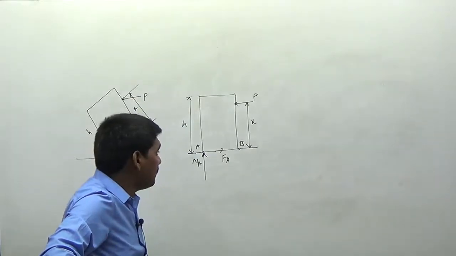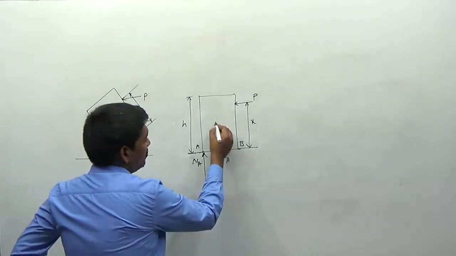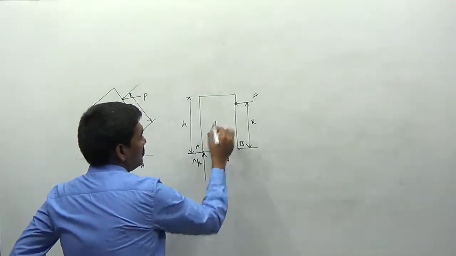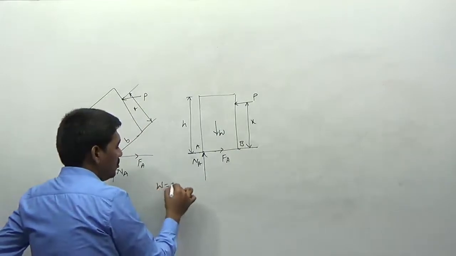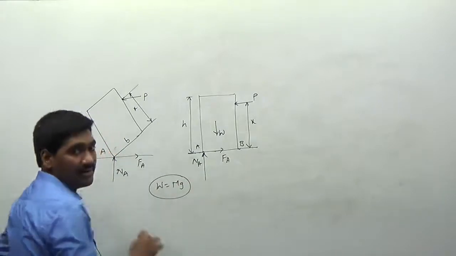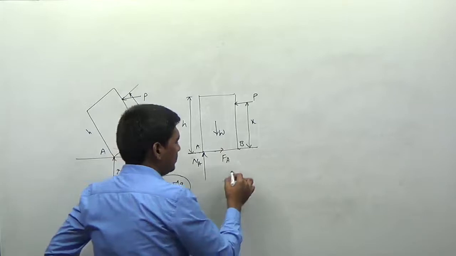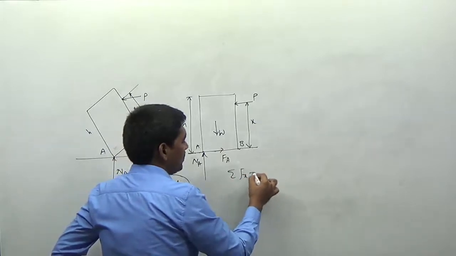If you write sigma Fx equal to 0 and sigma Fy equal to 0, one more thing is we have the weight of the block, which is equal to W. Weight of the block is always equal to m multiplied by g, so W is equal to m into g. The first equation I am writing is sigma Fx equal to 0.